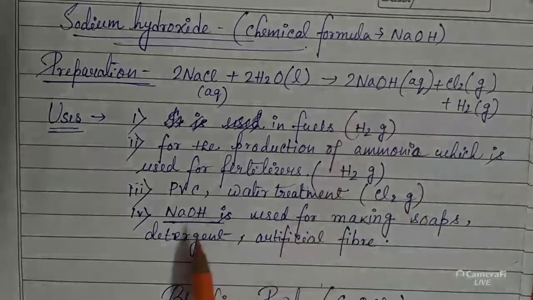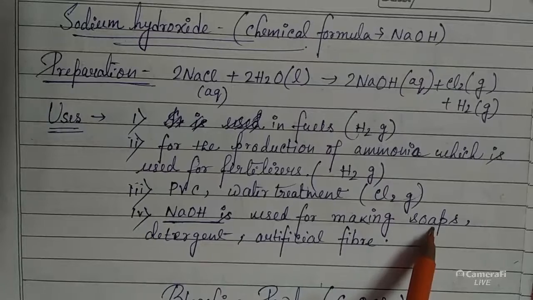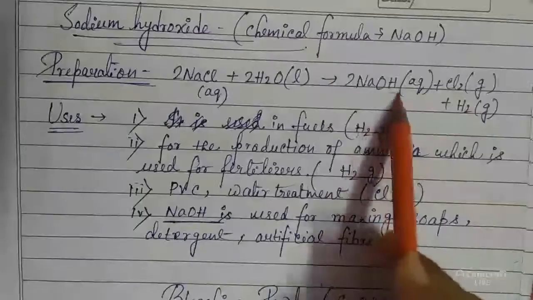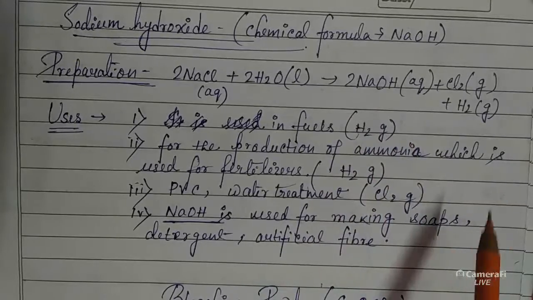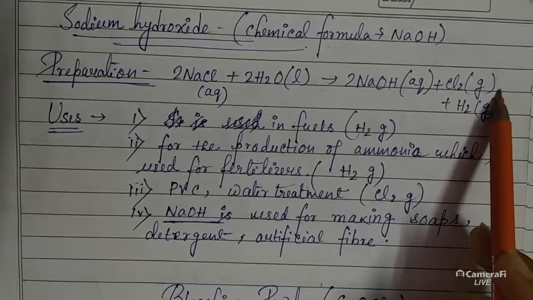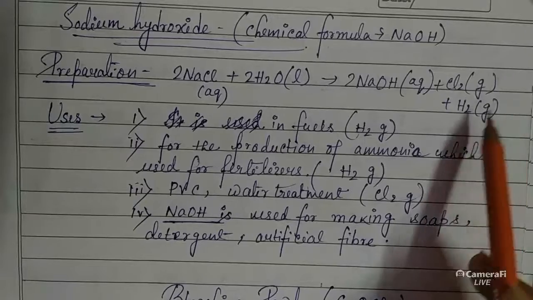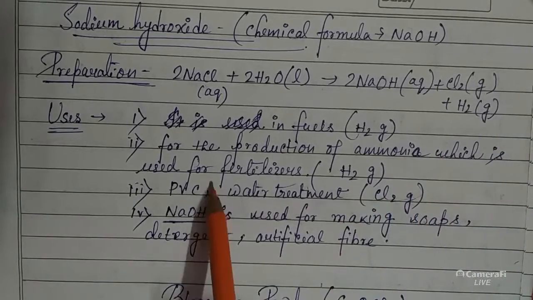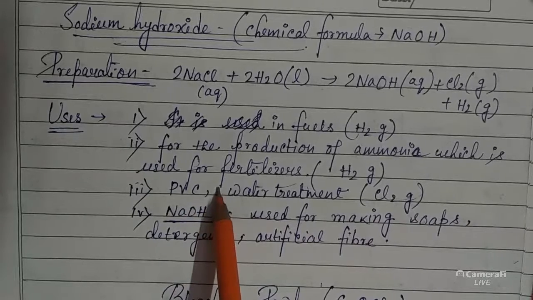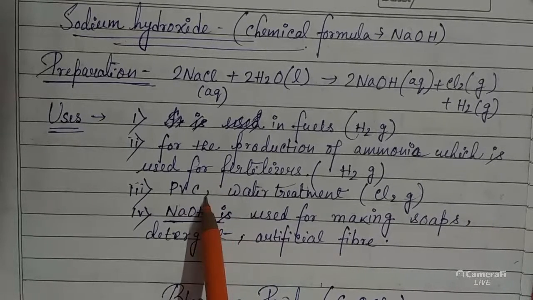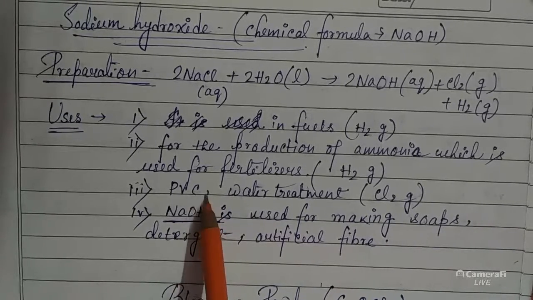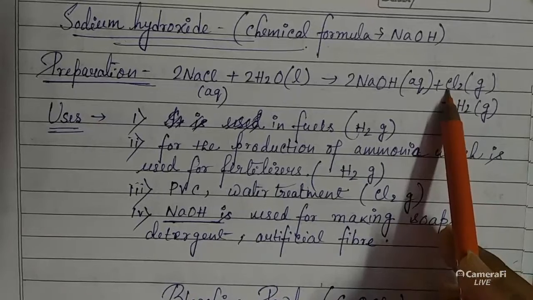Sodium hydroxide is used for making soaps, detergents and artificial fiber. Only sodium hydroxide we can use for that, but there are some uses for chlorine gas as well as hydrogen gas. Chlorine gas we can use for making polyvinyl chloride, which is a type of polymer. Also for water treatment we can use chlorine gas.